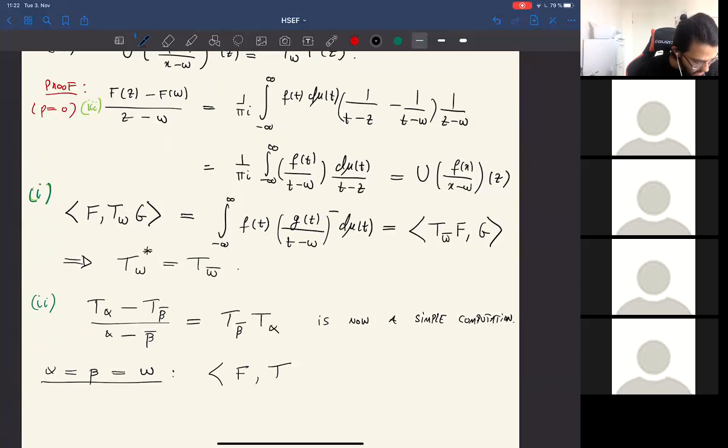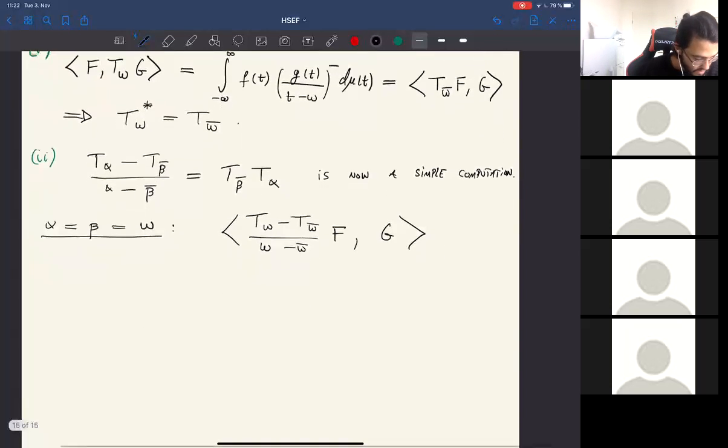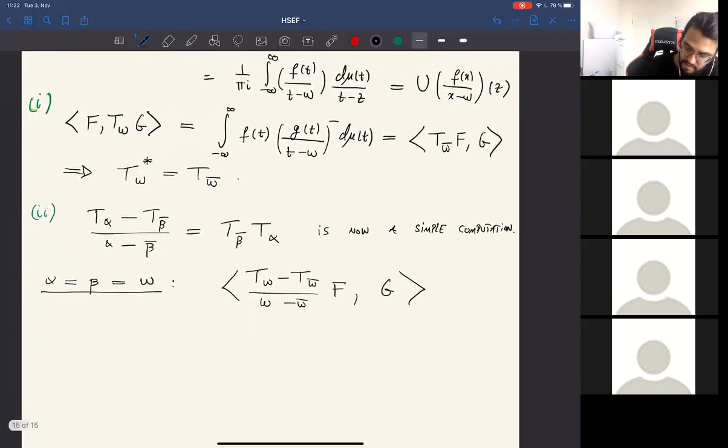No, sorry, I have to use the other one, which is this identity here. So let me use this identity: W minus TW bar divided by W minus W bar, and apply this to a function F. And then I take the inner product against a function G. Okay, that's what we have.